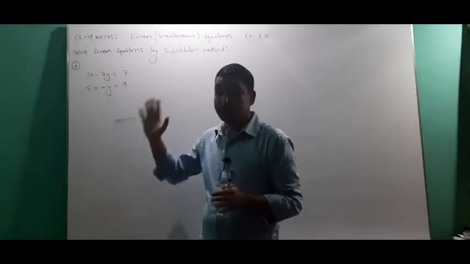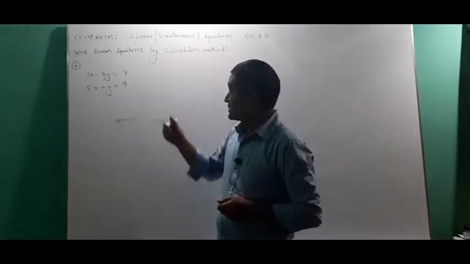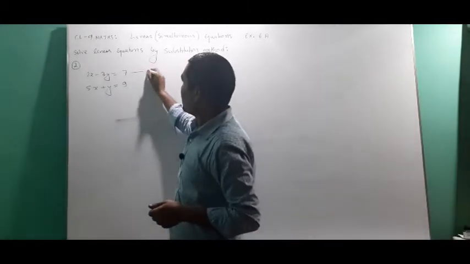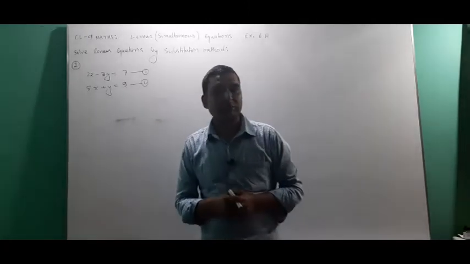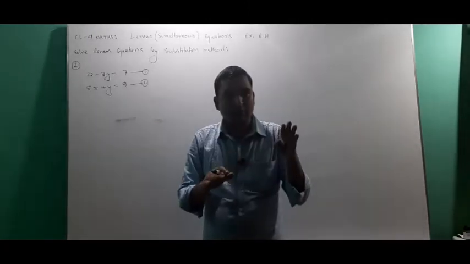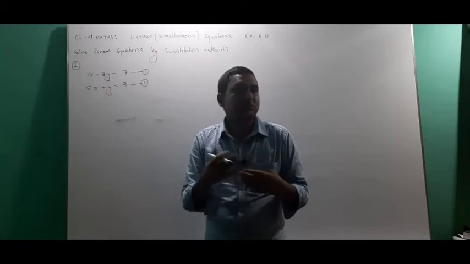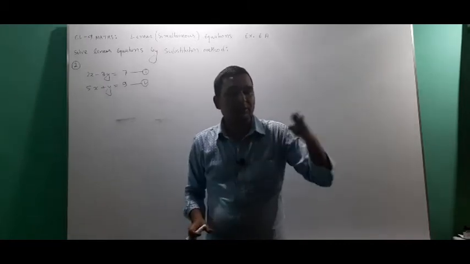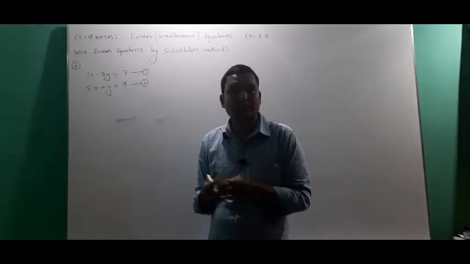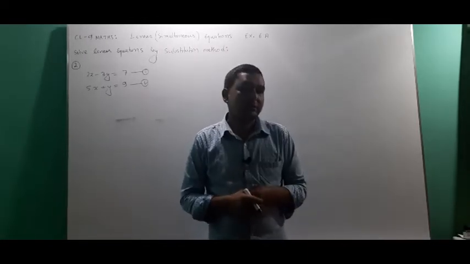They will always provide two equations, suppose this is equation 1 and this is equation 2. If there are two variables, they will give us two equations to solve. If there is one variable, one equation; if there are three variables, three equations. We will learn the three-variable equations from class 11 onwards.